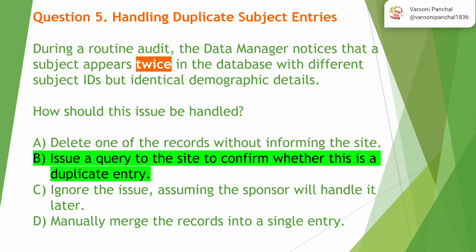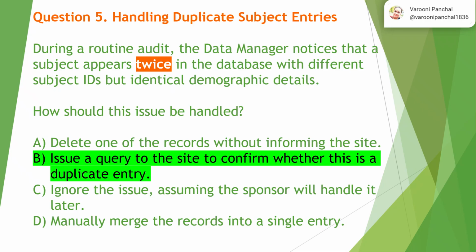Question 5. Handling duplicate subject entries. During a routine audit, the data manager notices that a subject appears twice in the database with different subject IDs but identical demographic details. How should this issue be handled? Option A, delete one of the records without informing the site.